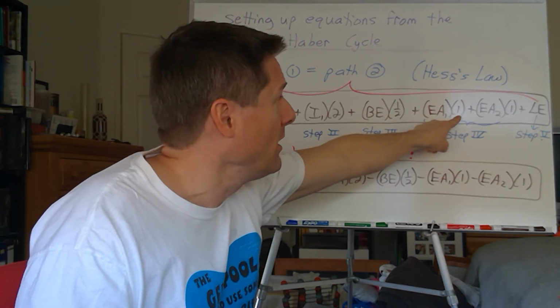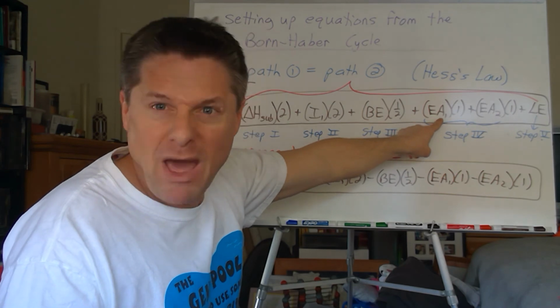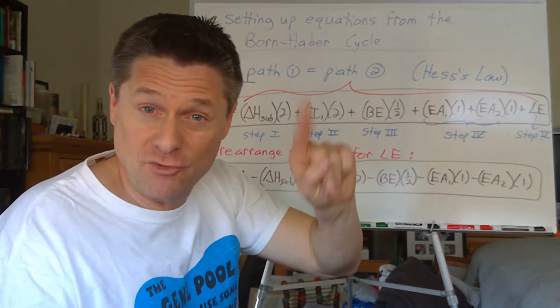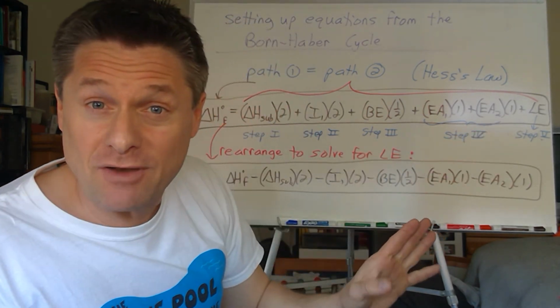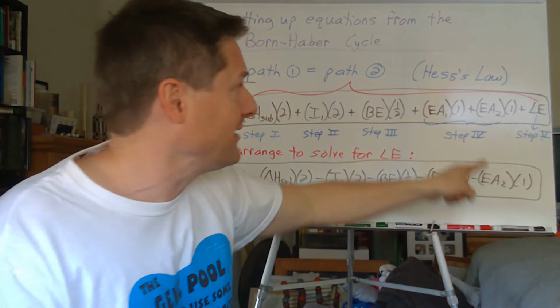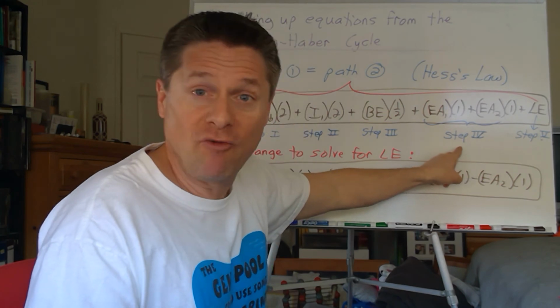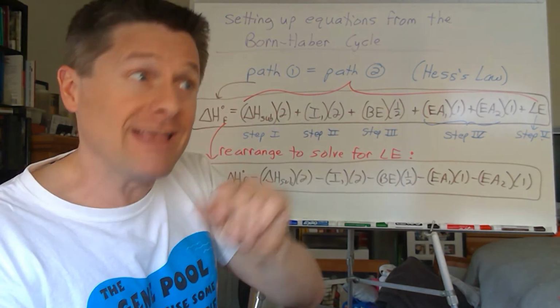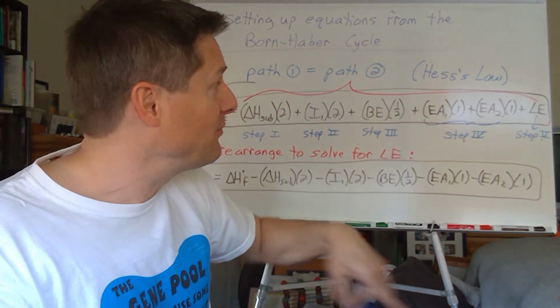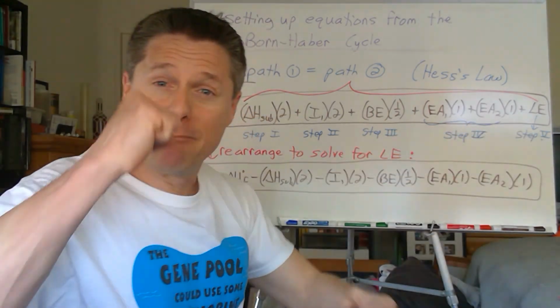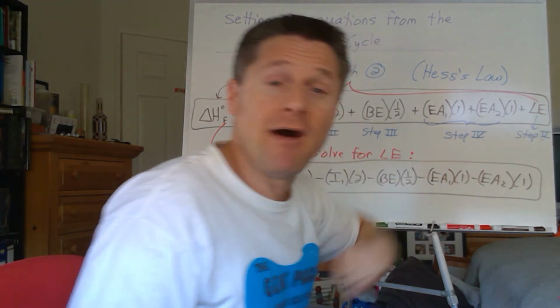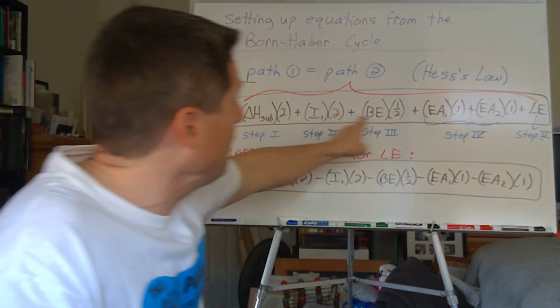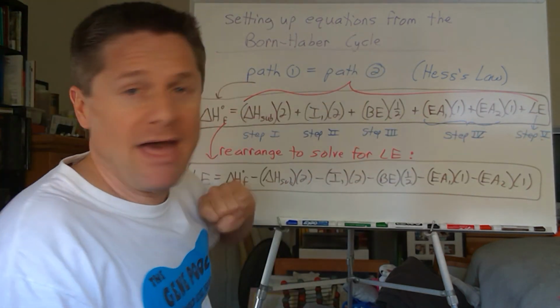So we had 1 mole of oxygen gas, monatomic, times the EA1, adding the first electron to get O-. Then we had to do that again with the second electron affinity to get it from O- to O2-. So those two combined were step 4, going from O in the gas phase to O2- in the gas phase in 2 steps. And then we took the metal cation and nonmetal anions in the gas phase and combined them together. Step 5, that was lattice energy. So all of this is path 2.